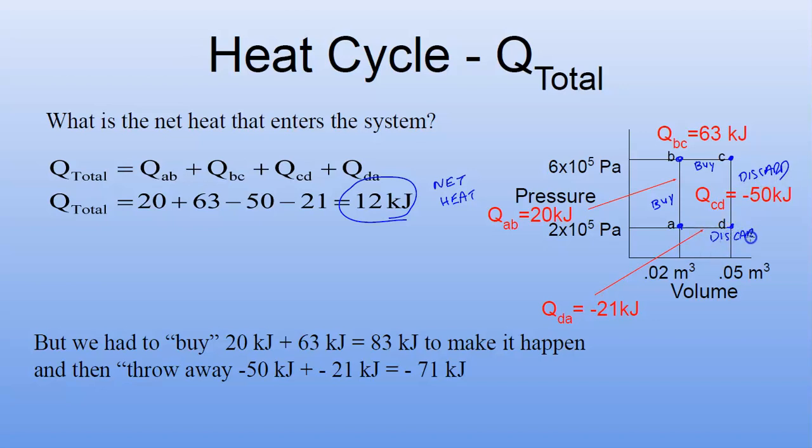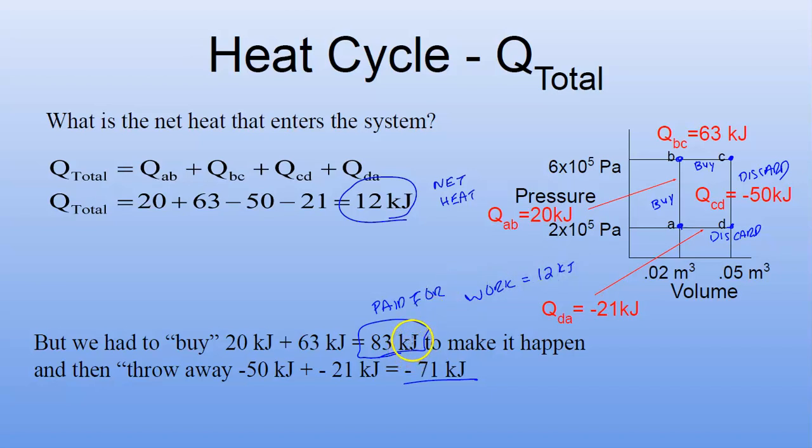So that's a little bit deceptive. We did not get the same amount of work as the net heat. It's more like this. We had to buy 83 and then throw away 71. So this is what I paid for, and what I got out of it was 12. Paid for 83, I got 12.